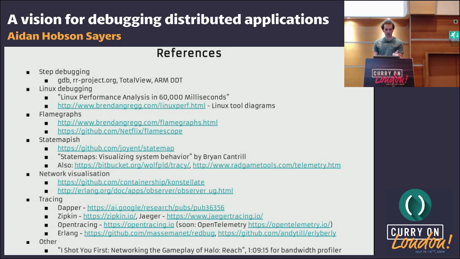For network visualization, I mentioned Constellate, which doesn't seem particularly active, but exists, and Erlang Observer. Tracing is a massive ecosystem that would be a talk in its own right, so I gave it very brief coverage here.